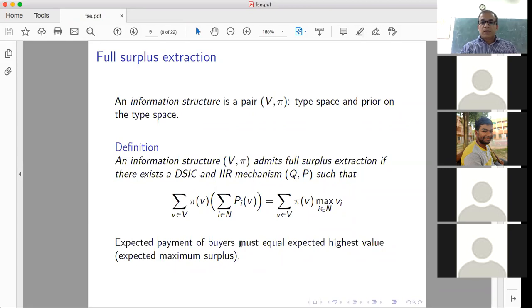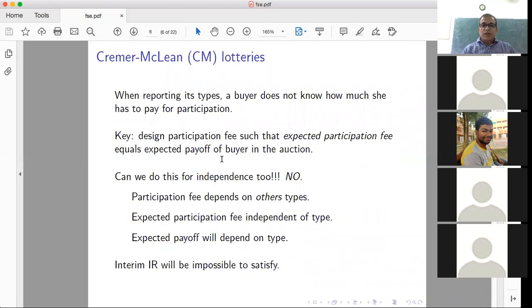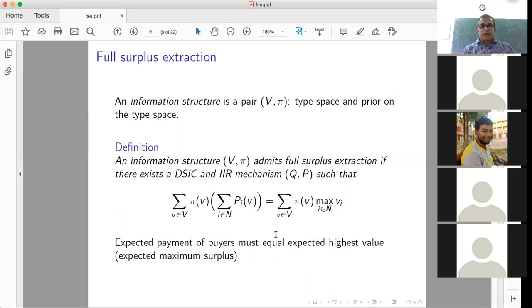Okay, so if there exists such a mechanism given this type space and this prior, then we'll say that this information structure admits full surplus extraction. The vague reasoning that I gave here basically says that if pi is independent, then such an information structure does not admit full surplus extraction.